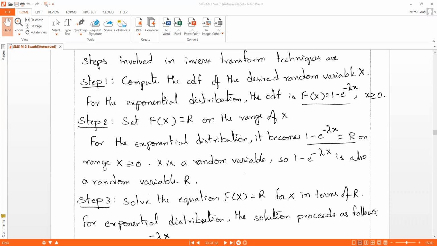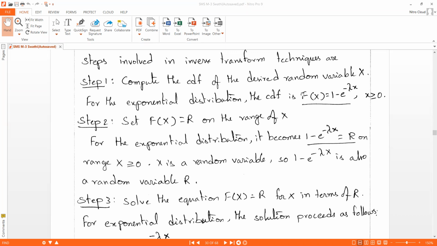Next, the second step in the inverse transform technique is to set F of x equal to r on the range of x. For the exponential distribution, it becomes 1 minus e power minus lambda x equal to r.